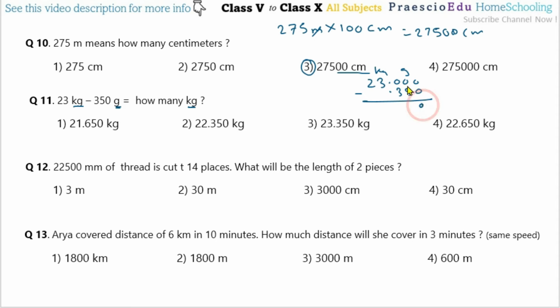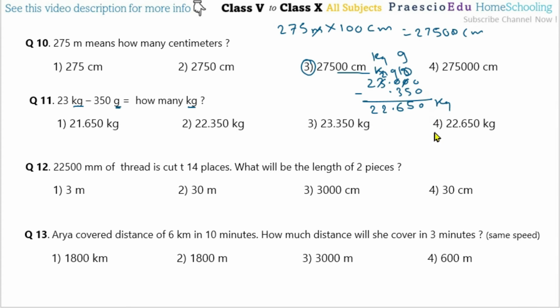So 0 as it is, this is a 10. This is gram, I will note down here. So this is 10, this is 9, and this is 2. So 10 minus 5 is 5, 9 minus 3 is 6, decimal as it is, then 2 as it is, and this 2 also as it is, means 22.650 kg.